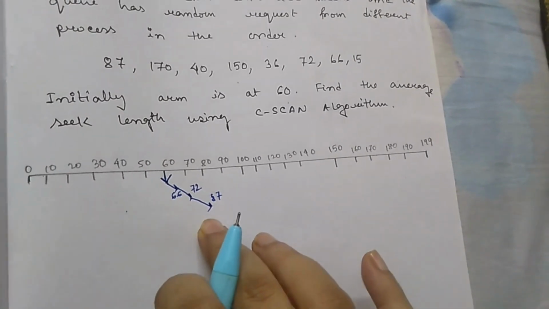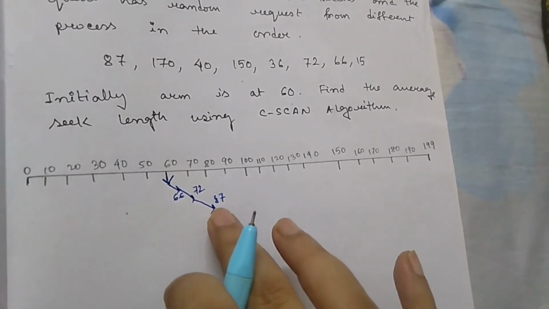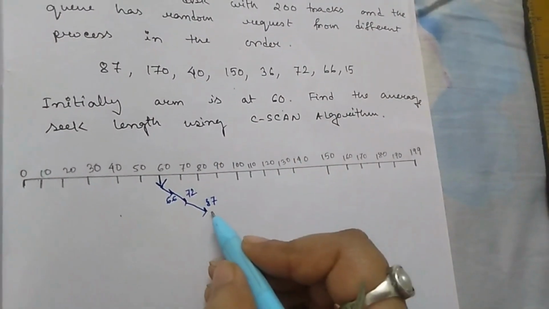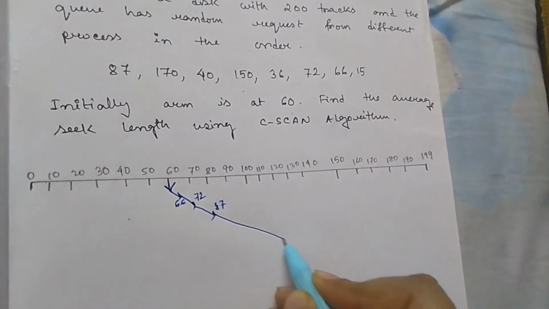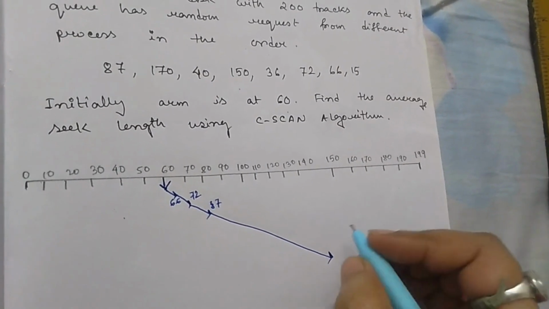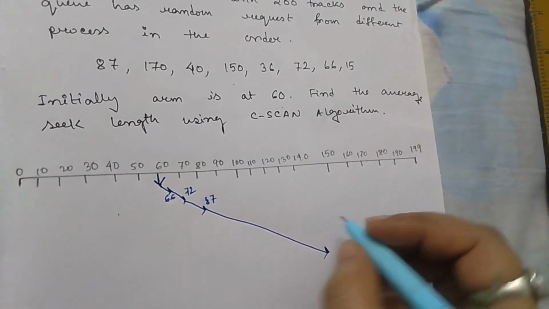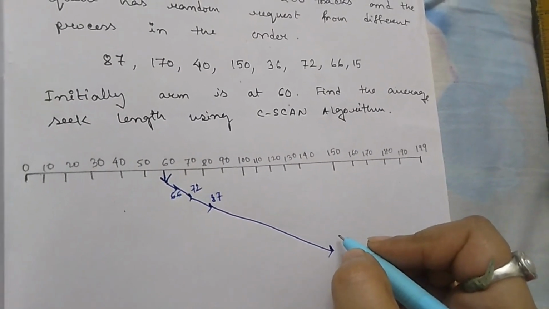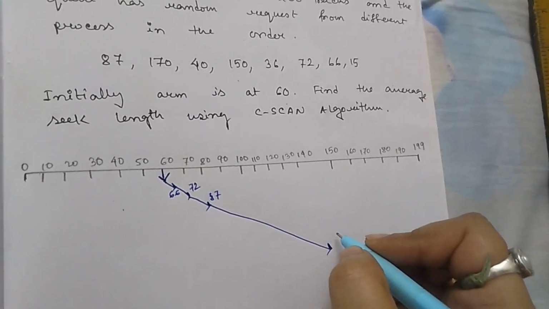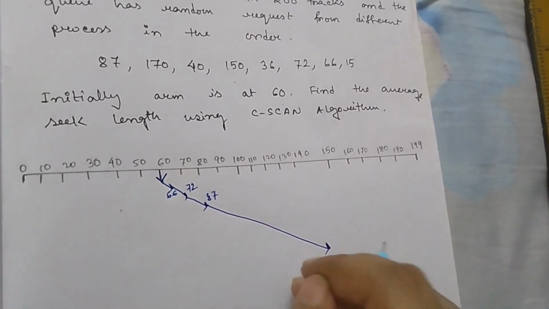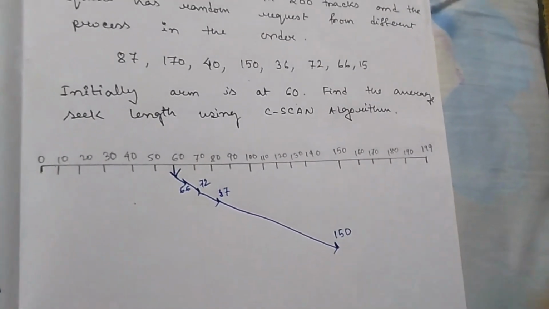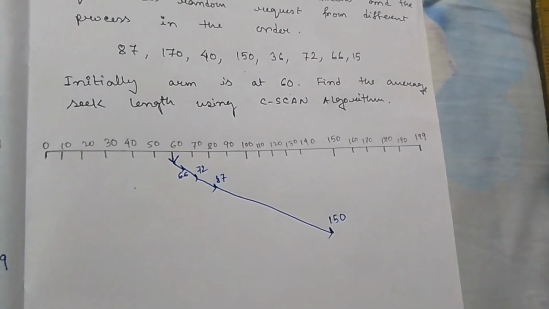Mathematically the nearest value of 87 is 40, right? But we can't consider 40 because we follow this direction.